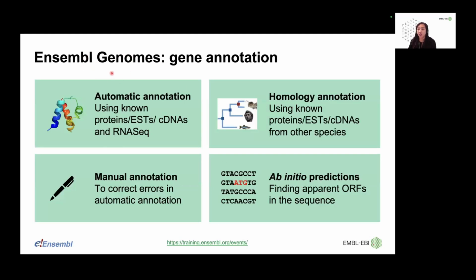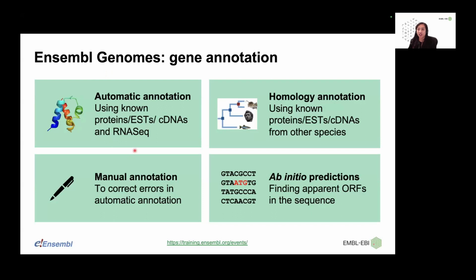In Ensembl Genomes, the browser that is dedicated to non-vertebrate genomes, the annotation process is done a bit differently. We don't do the gene annotation ourselves, but rather we rely on communities who are working with a particular species to do the annotation and submit this information to public archives.